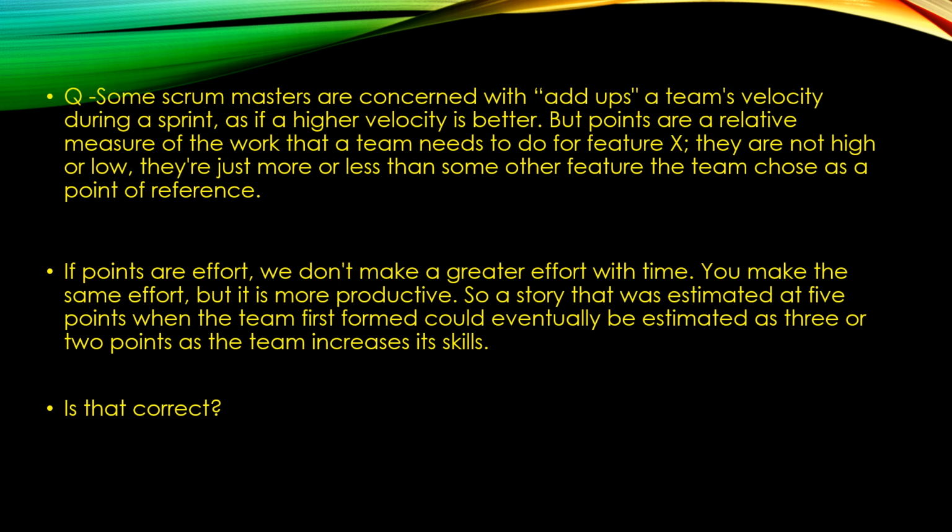If points are effort, we don't make a greater effort with time. You make the same effort, but it's more productive. So a story that was estimated at 5 points when the team first formed could eventually be estimated as 3 or 2 points as the team increased its skills. Is that correct?